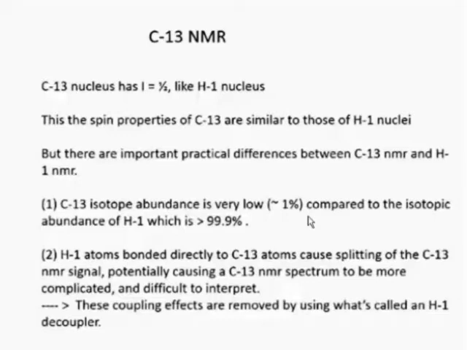But C12 is magnetically inactive and does not produce an NMR signal. So consequently, when one does a C13 NMR spectrum of an organic compound, assuming one is using the natural abundance of C13, it's much harder to see the C13 signals in the NMR because there are so few C13 atoms.